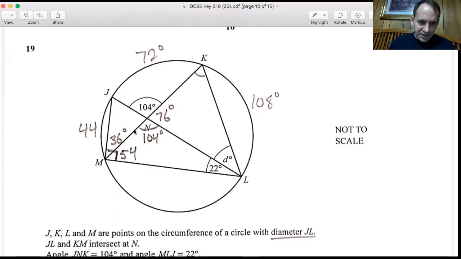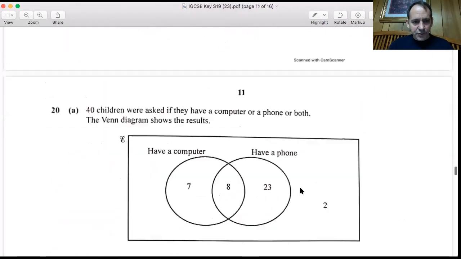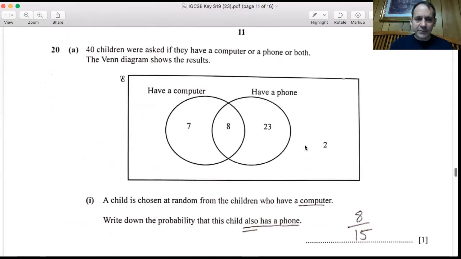And this 36 multiplied by 2 gives you the 72, and the arc divided by 2 again gives you the 36 for D. So I just start writing down things around the circle until I figure out how to get the D. You didn't need all of it, but sometimes you don't realize what you need until you make that connection.